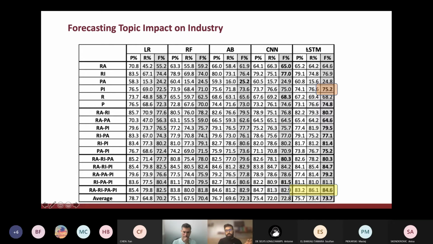The LSTM is the one that performs best, but what I want to stress is not which approach is outperforming. What I want you to focus on is the fact that if I feed only patents from industry to predict patents from industry, I get 75% accuracy, in F-measure, which is a way of assessing accuracy, more or less.